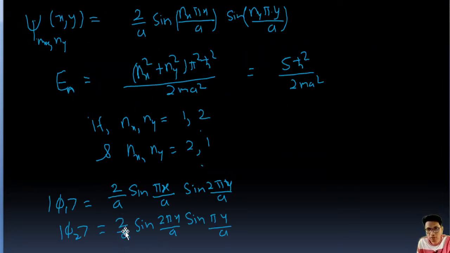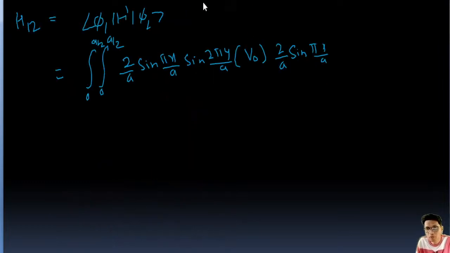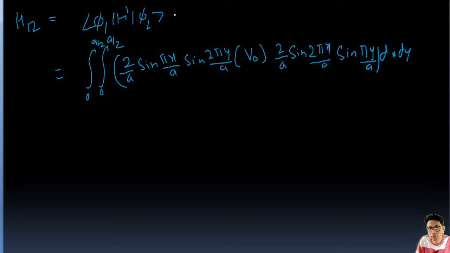Phi 2 is 2 by a sine 2 pi x upon a sine pi y upon a, dx dy, right? This will be the value.